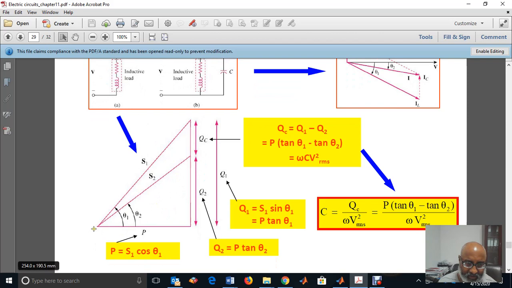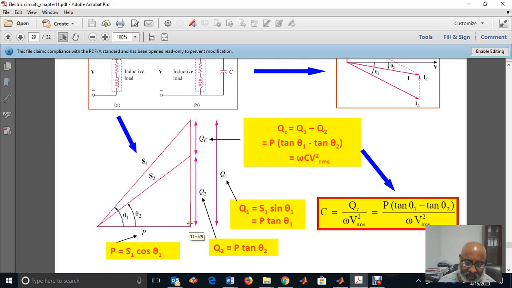After that, the real power is this one. We don't change the real power, but now the apparent power changes from S1 to S2. How does it change? By having a reactive power QC. By applying a capacitor, we have a negative reactive power. Originally, Q1 was from this point until this point.